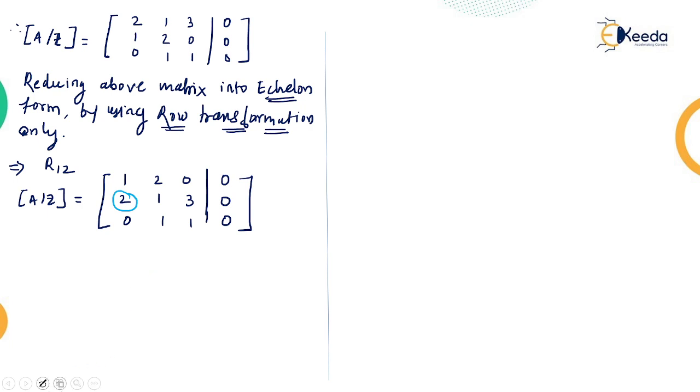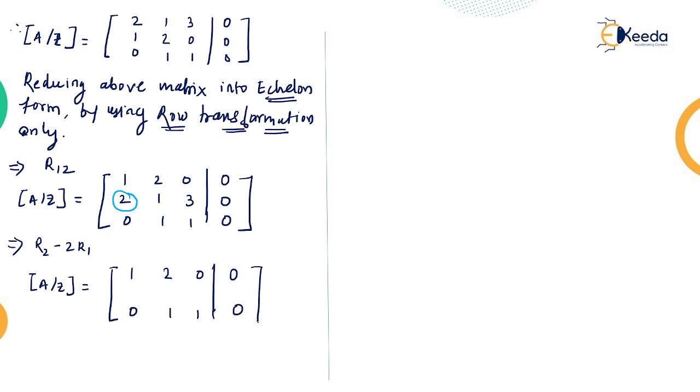For that we perform R2 minus twice R1. Only R2 changes, and rows 1 and 3 remain as they are.